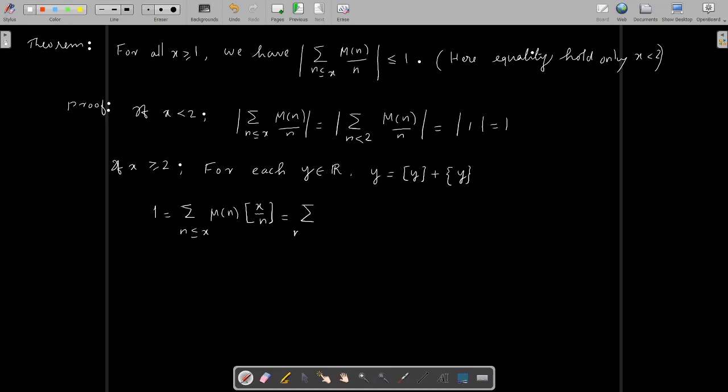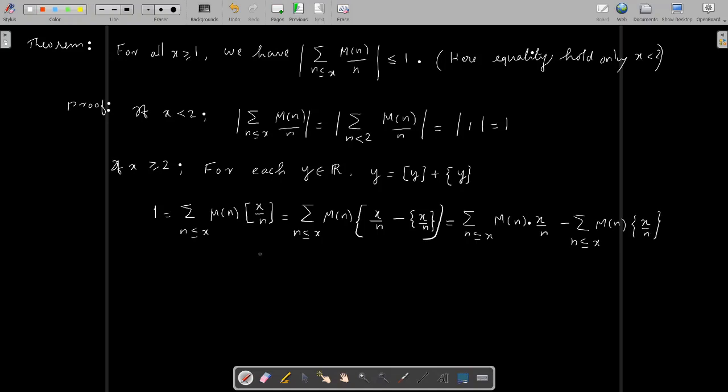And this integral part of x by n can be written as x by n minus fractional part of x by n. And we distribute this: sigma n less than or equal to x mu of n into x by n minus summation n less than or equal to x mu of n into fractional part of x by n.